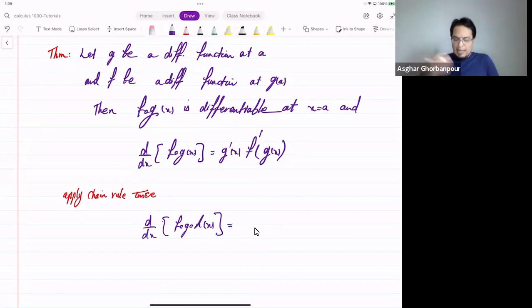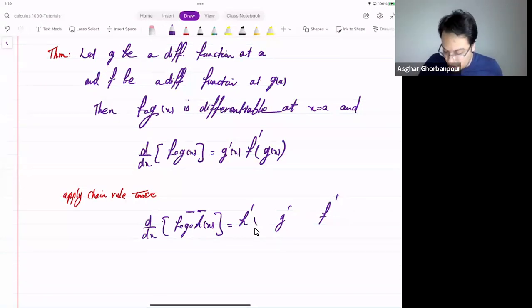So you pick one, like this chain is getting one by one from inside toward outside. So derivative of the very inner one times derivative of the second inner one, then the derivative of the very outer one. But each one will be evaluated on different values. The derivative of the very inner one will be evaluated at x.